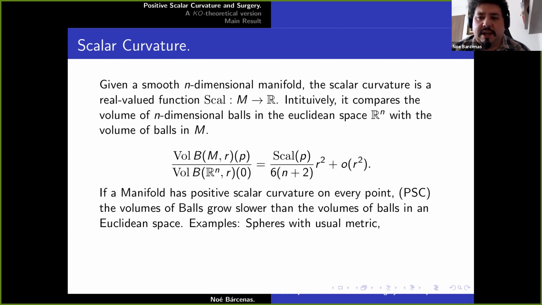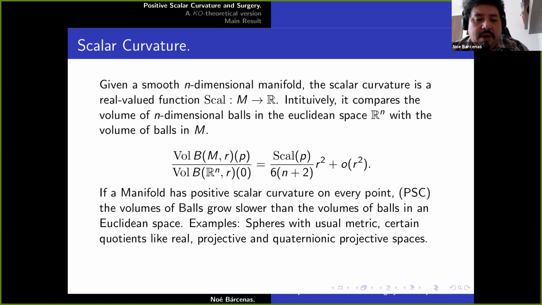Examples that we could consider: spheres with the usual metric, and quotients of these spheres via orientation preserving group actions, like real projective or quaternionic projective spaces, are some examples of manifolds which have a positive scalar curvature metric inherited from a PSC metric on the original manifold.